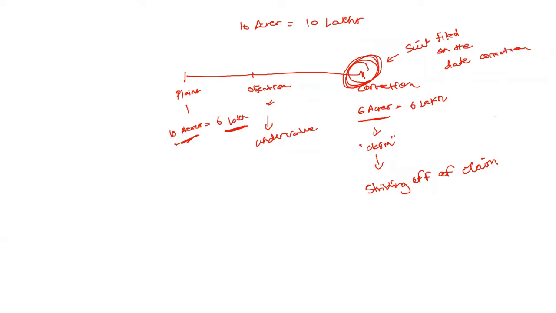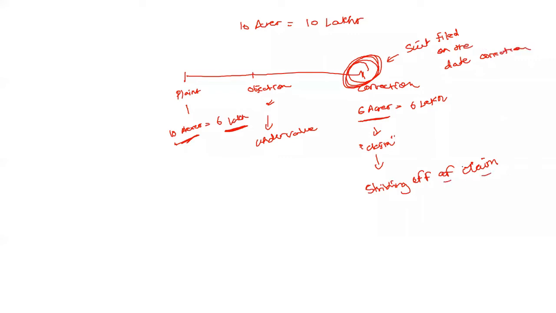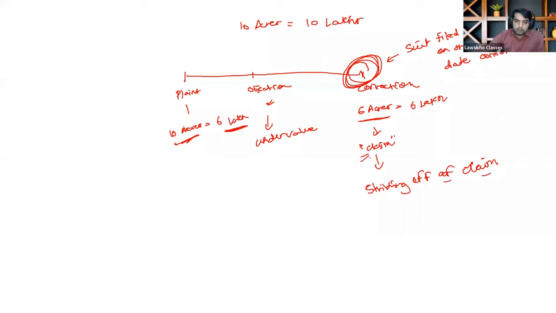So what is written before striking off of claim? Striking off of claim ना, ये claim है. ये तो striking off of claim, ये तो claim है. This is claim. हाँ. Fine. So basically this is what is known as undervaluation of claim. ठीक है. How striking of claim changes the nature of the suit.